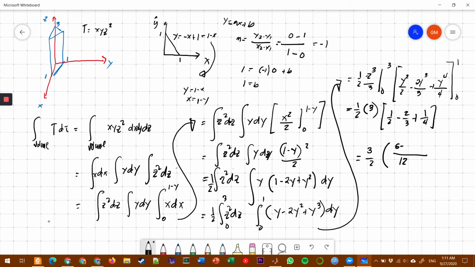So this is 6 minus 8 plus 3 over 12. 6 minus 8, that's negative 2. Negative 2 plus 3, that's 1 over 12. Okay, so it's 3/2. So cancel this. Yeah, this becomes 4. So I have 1 over 8.